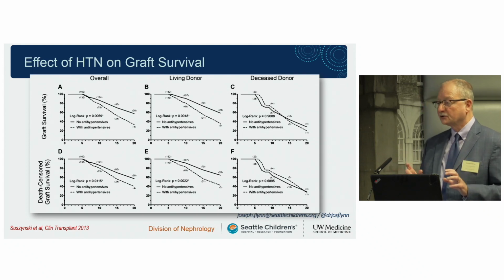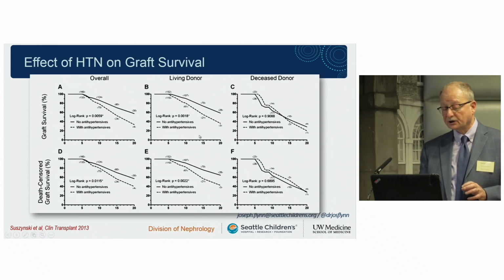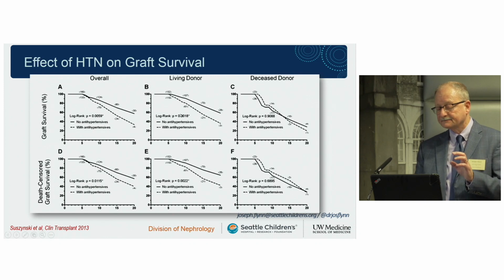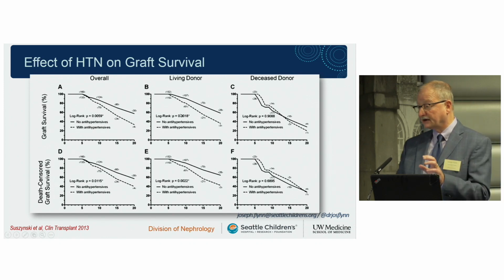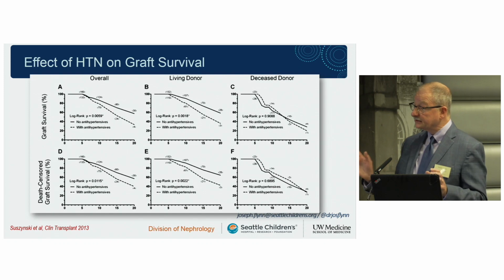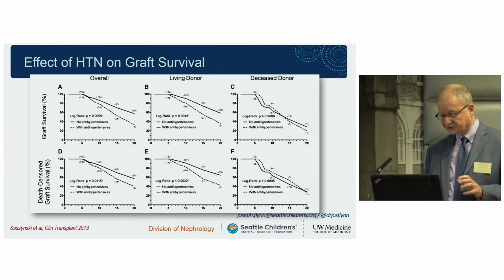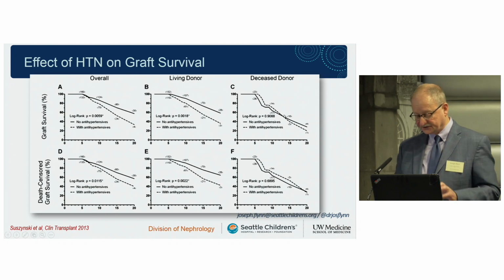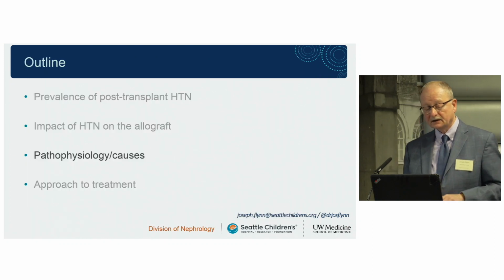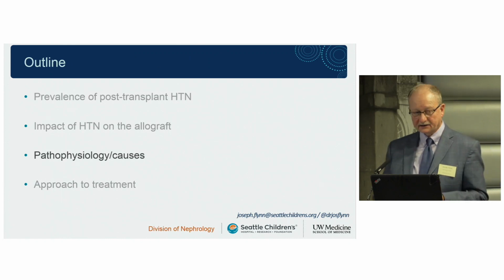Those who are hypertensive, which are in the dash lines, and these lines you can see better, also had poorer graft survival over time, up to 20-year follow-up, compared to those who were not on blood pressure medication. This was true for their overall cohort and their living donor cohort, not as great an effect for the deceased donor patients. So it's not good for your allograft.